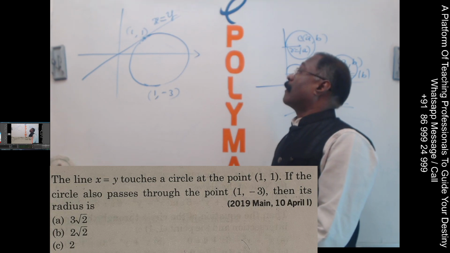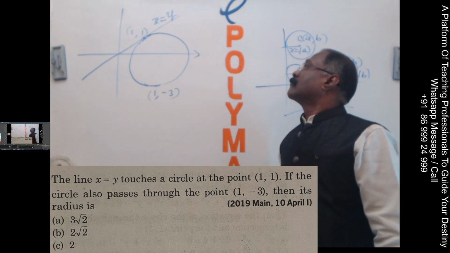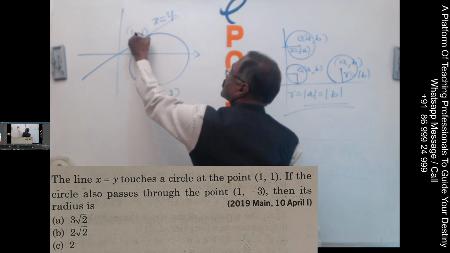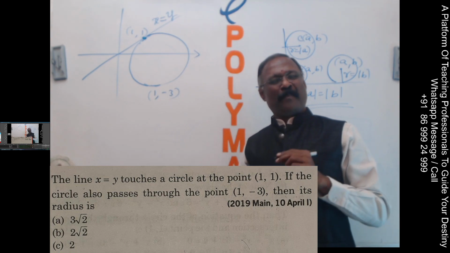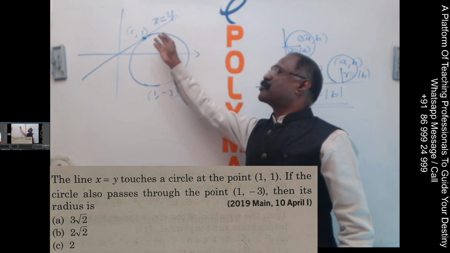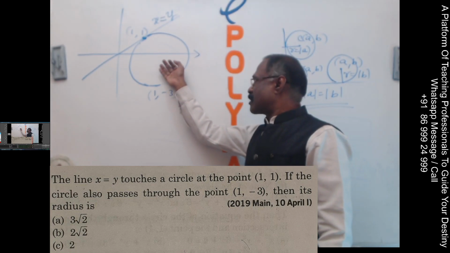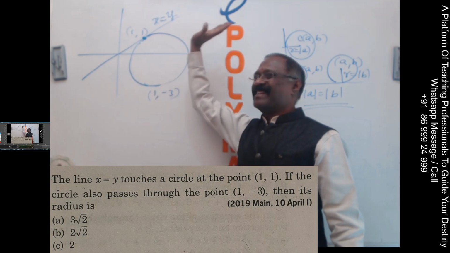Now, what is to be done here? This is a tangent, this is a circle. That's what I discussed in the beginning: it's a point circle. Let us form a system. This is one circle, this is another circle. This forms a system whose common tangent is this.